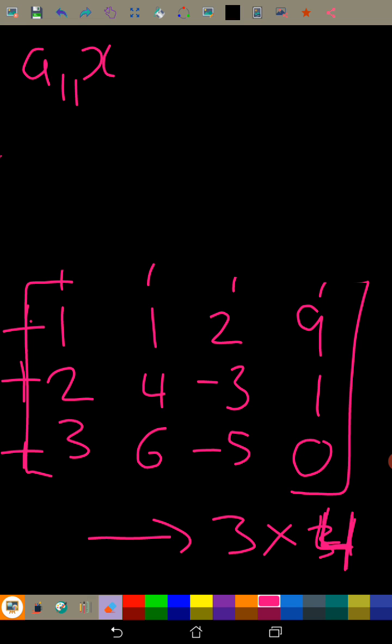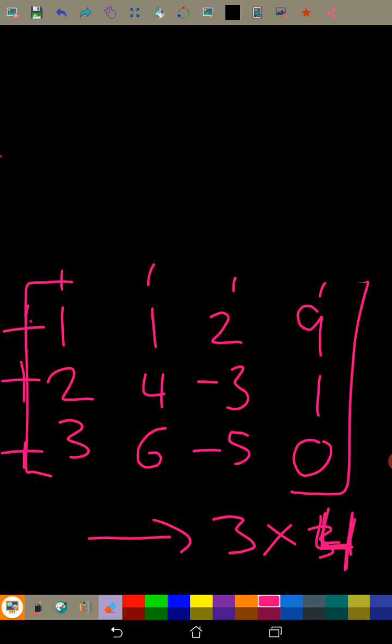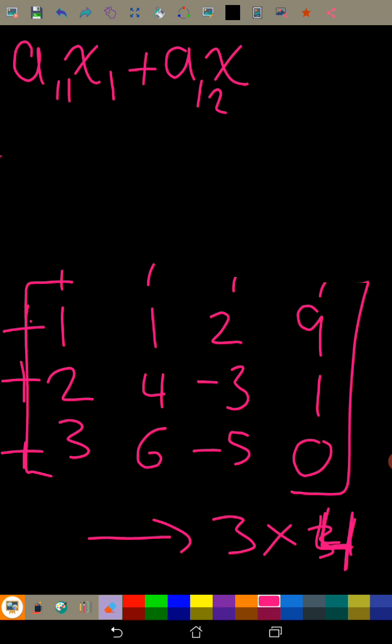Sorry, I'll try to write in a more beautiful way. So it's going to be the coefficient, just the coefficient, a11 x1 plus a12 x2 is equal to, let's say, b1.